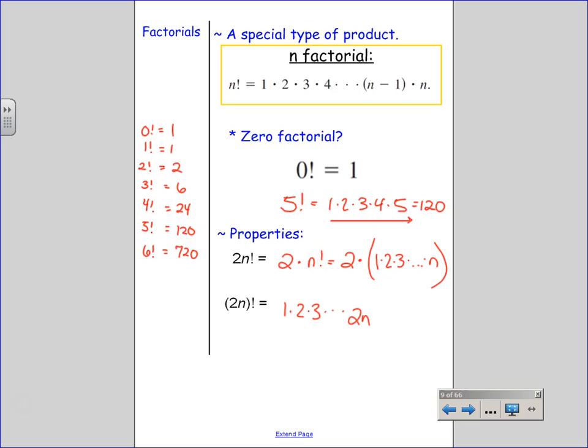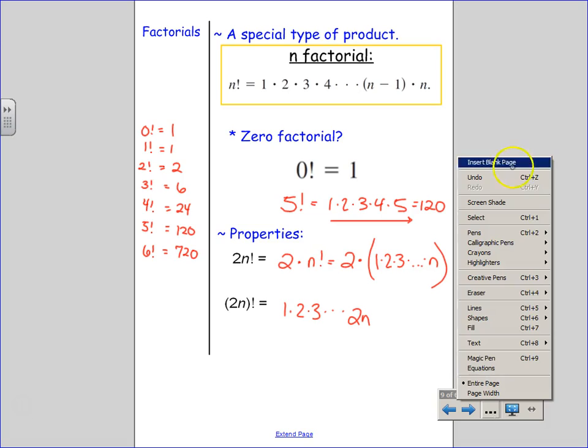Which one's stronger, do you think? That one or that one? 2 times 1 through 10 or 1 through 20? Ooh. I didn't know I'd trick so many of you.